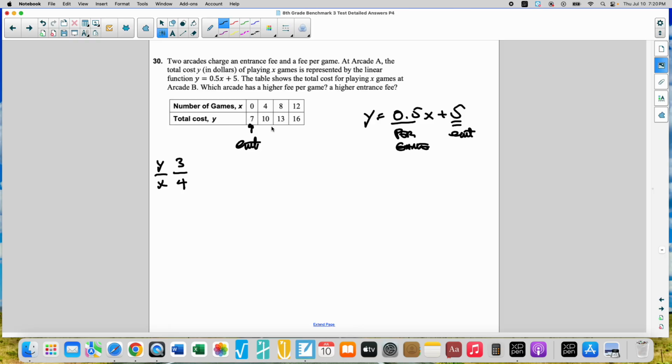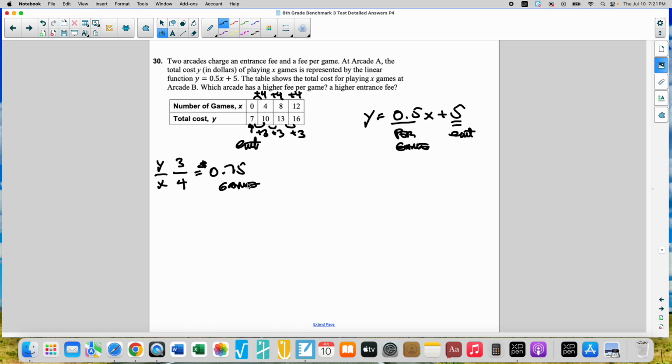So the slope is 3/4, and you'll notice that this is +3, this is +3, and this is +3. This is +4, +4, +4. They don't have to necessarily be the same, but this ratio from your difference in y's over your difference in x's, 3/4, 3/4, 3/4, must be the same. So this is 0.75 for each game.